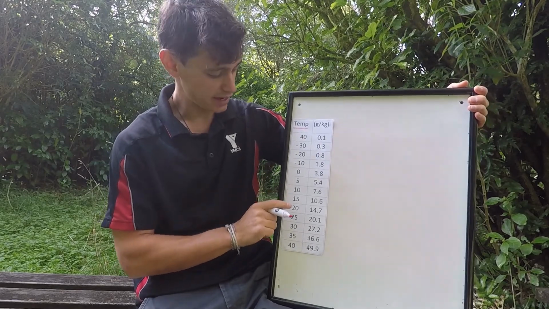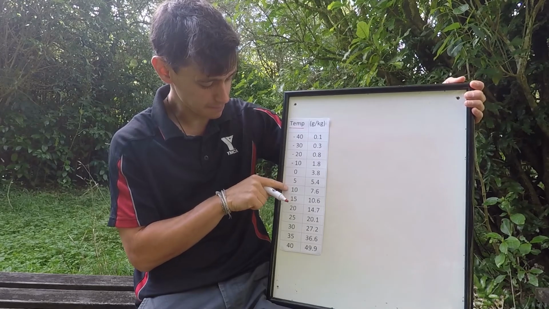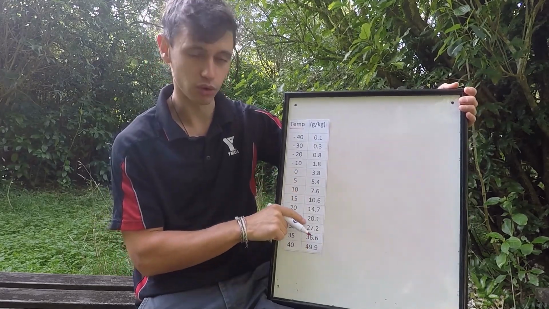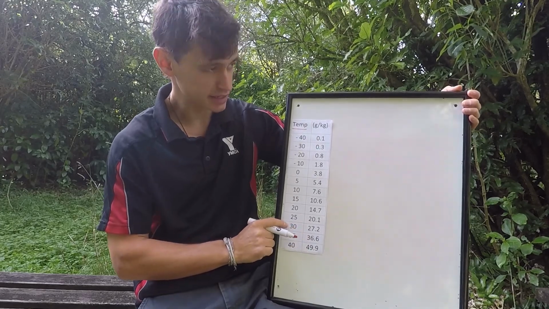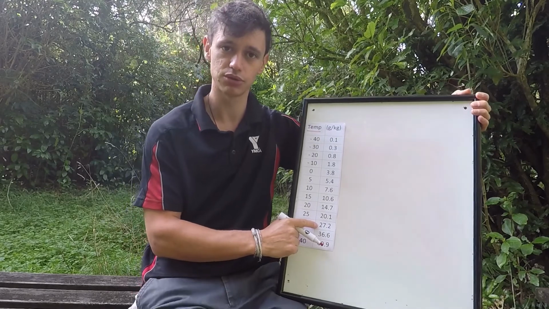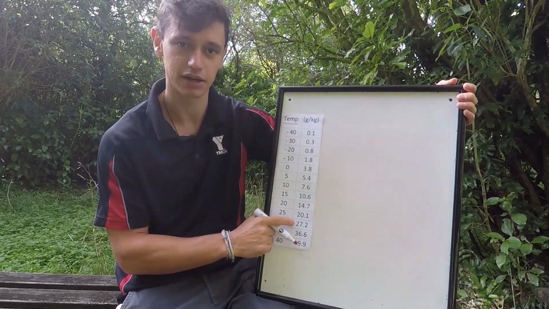A couple of easy things to notice from this. The warmer the air, the hotter the air, the more water content it can hold as a maximum. It doesn't necessarily mean that 30-degree air always has 27.2 grams per kg of water content. It just means that is the maximum amount it can hold.